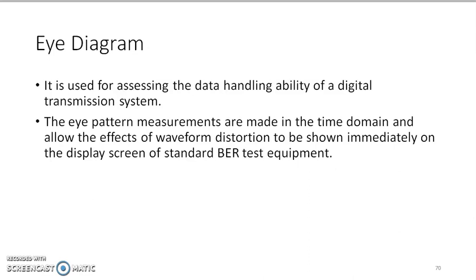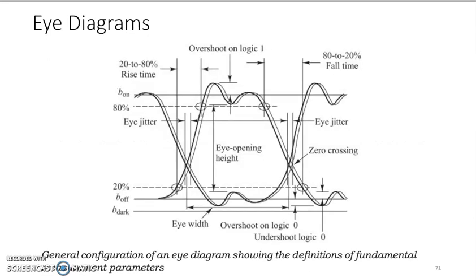This eye pattern measurement is done in the time domain and allows us to see the effects of waveform distortion within a given particular bit error rate. Now simply, you see the eye diagram here. We have this eye opening within this particular range, and we can have a level of the signal that is beyond here.